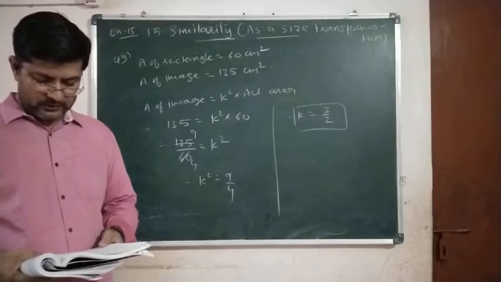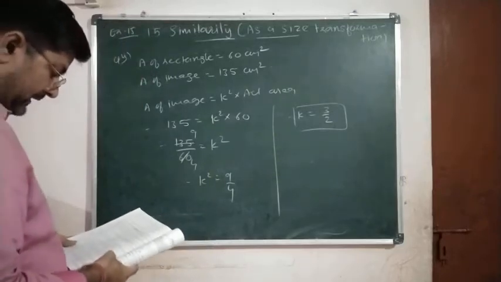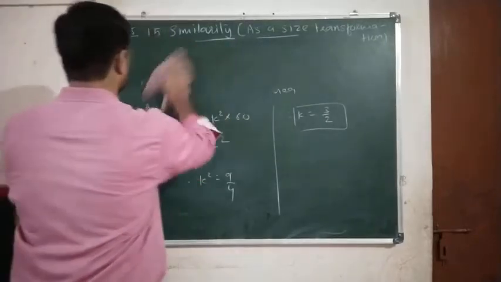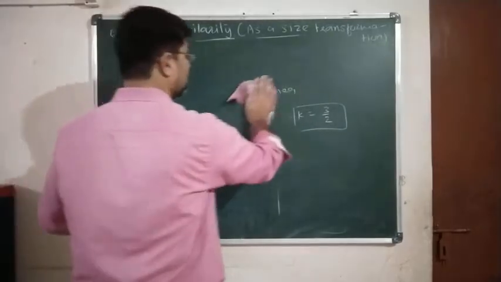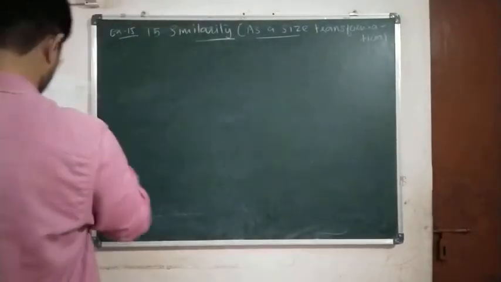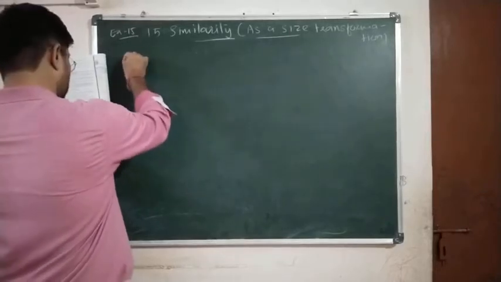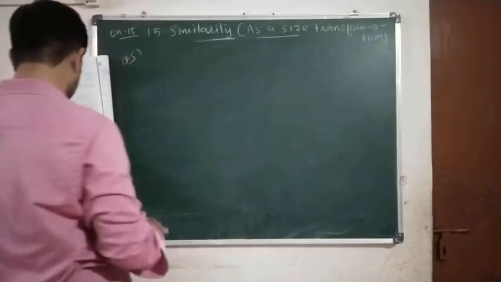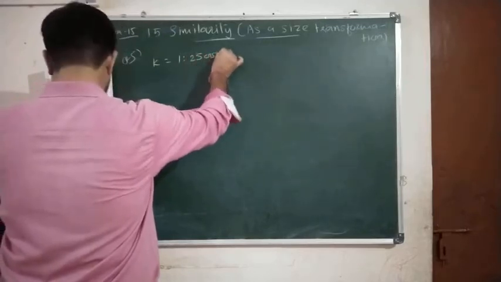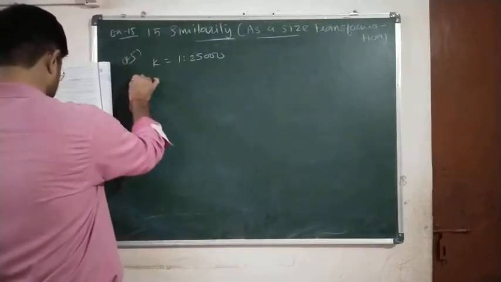Question number 5. On a map drawn to a scale of 1:25000, here you are given the scale factor k, a triangular plot LMN of land has the following measurements.